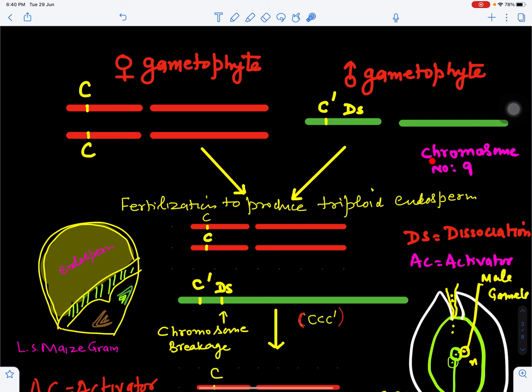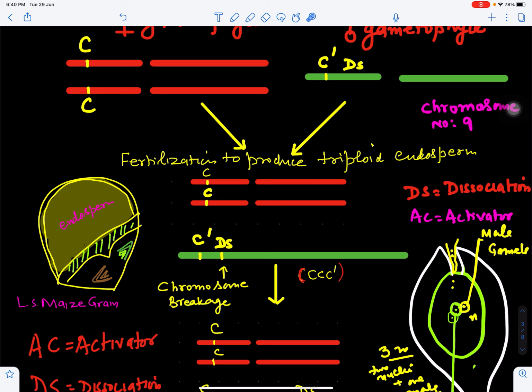This is located on chromosome number 9. Now what happens when this fertilization has taken place? We will get a triploid endosperm, with two chromosomes of the female gametophyte and one of the male, so we get three: 1, 2 and 3. This is fertilization producing a triploid endosperm. Now its genome will become C, C and C prime.